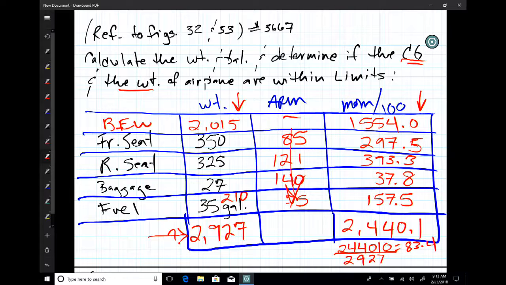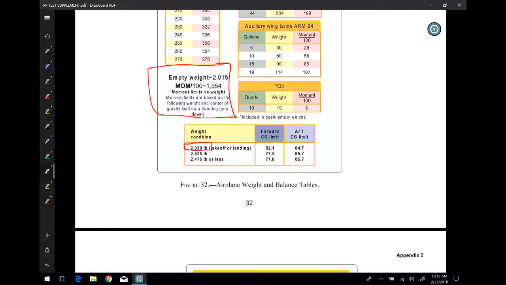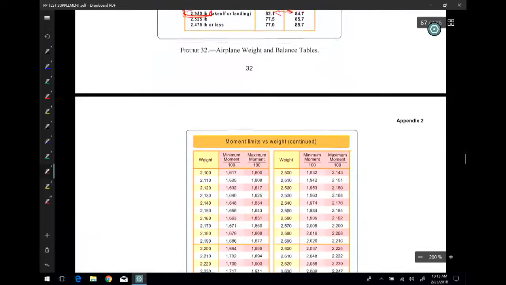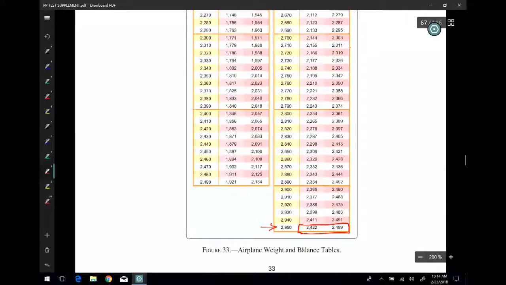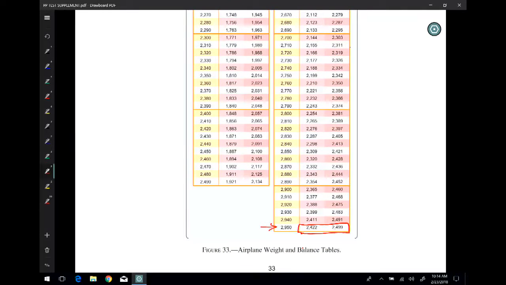Okay? So let's take a look over here first of all. If we look at anything close to our 2,950 pounds of takeoff weight, look at this range within here. With that, we need to be between 82.1 and 84.7. We're at 83.4. Things look pretty good. The other thing that we can do is go to this back side, and let's call this 29.27.